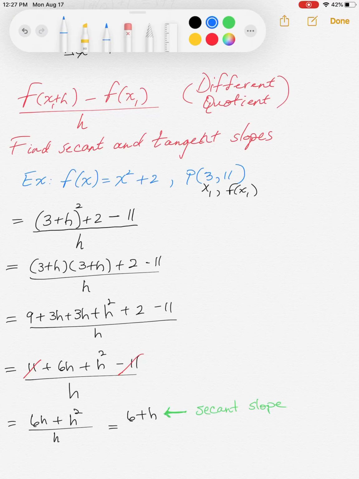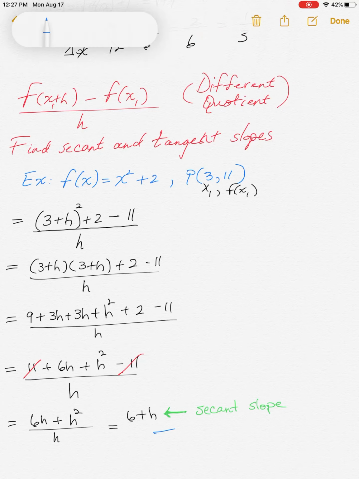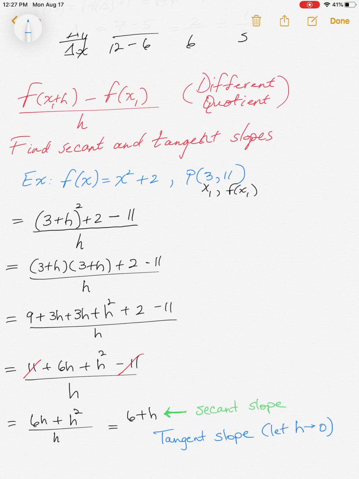The tangent slope is when we let h go to 0. So to find the tangent slope, we let h go to 0, and the only thing that remains is 6.